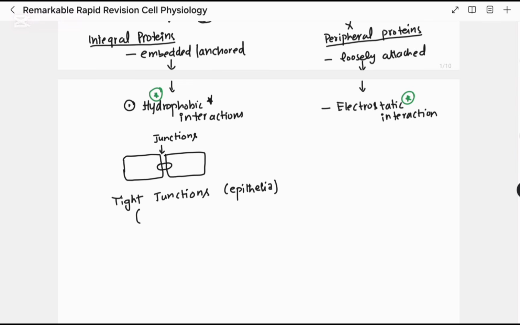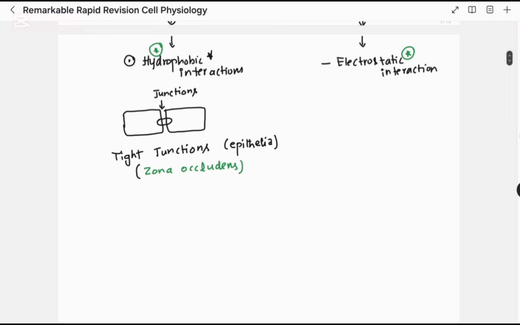These tight junctions are also known as zona occludens. So this question has been asked previously in the exam. So tight junctions are also known as the zona occludens. So there are two types of tight junctions. One is an impermeable one, कि कुछ भी हो जाए ये communication allow ही नहीं करते, and some are partially permeable or leaky.